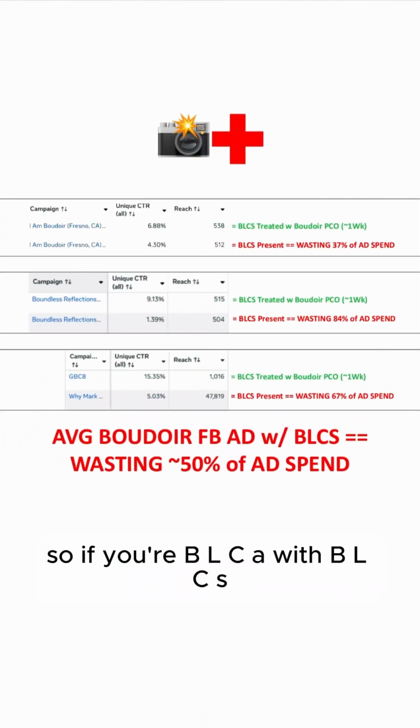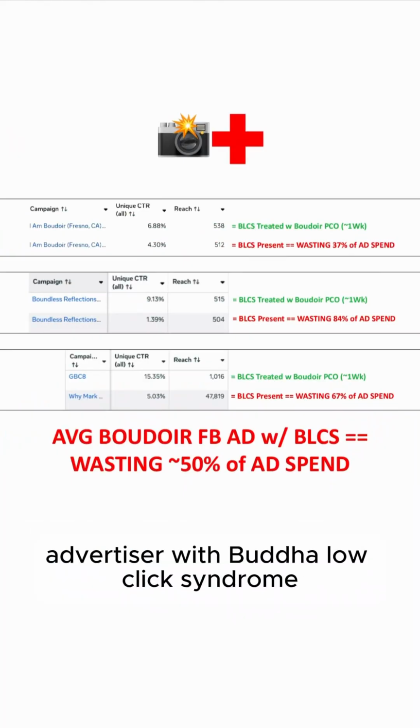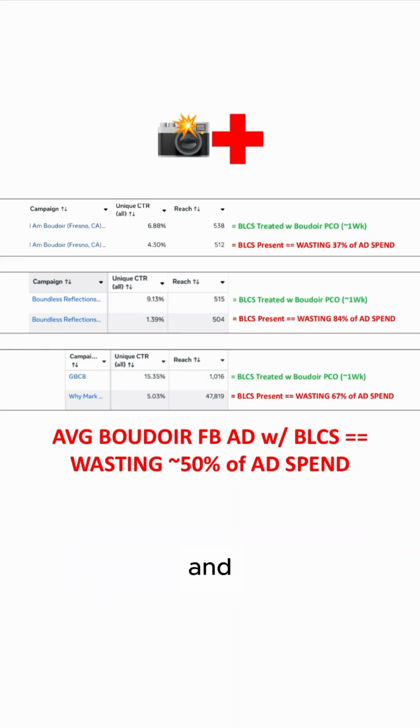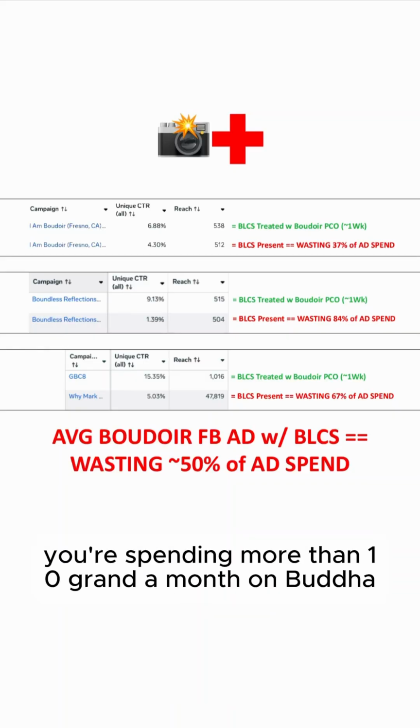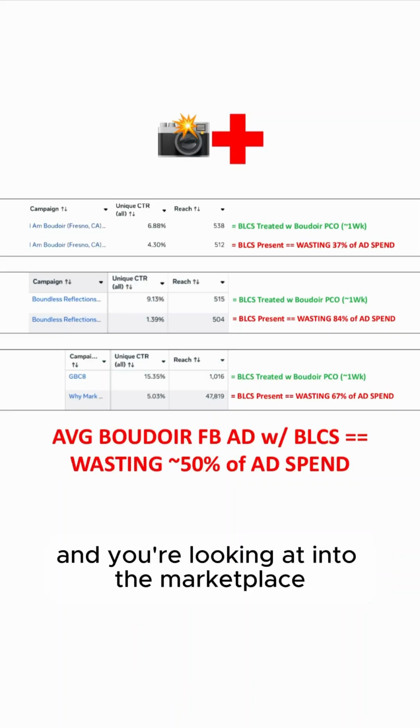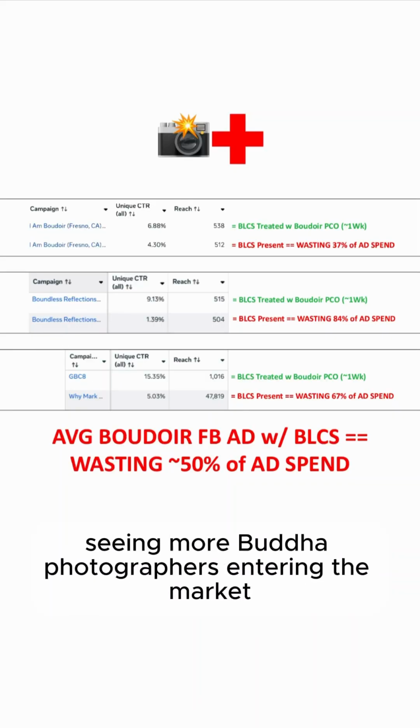So, if you're a BLCA with BLCS, a Boudoir low click advertiser with Boudoir low click syndrome, and you're spending more than 10 grand a month on Boudoir Facebook ads, and you're looking into the marketplace, seeing more Boudoir photographers entering the market every single day.